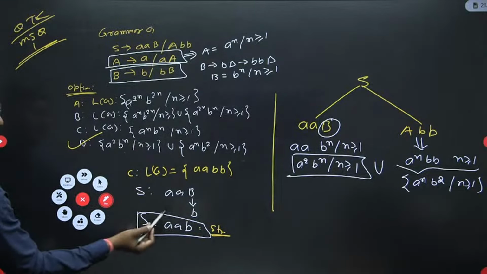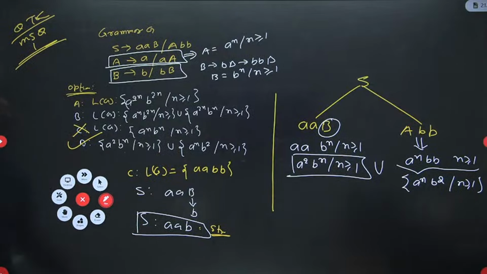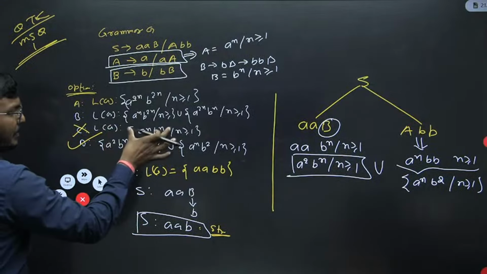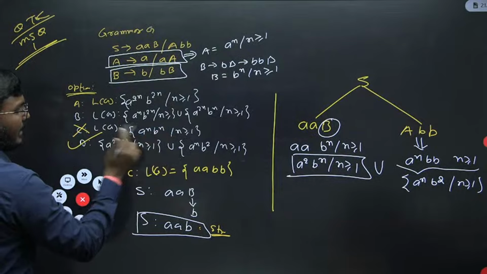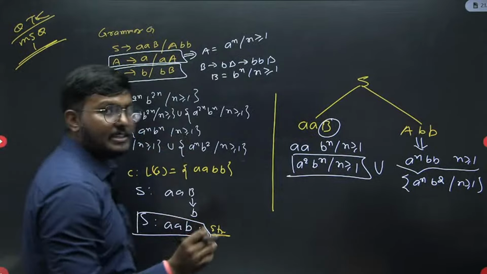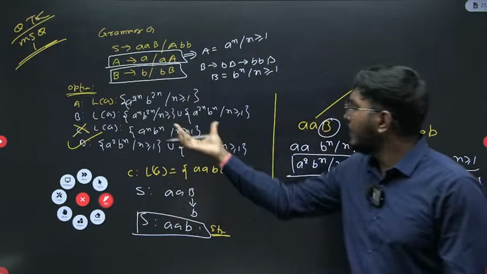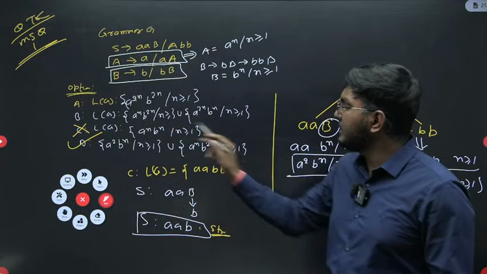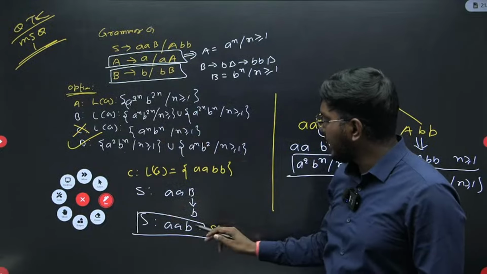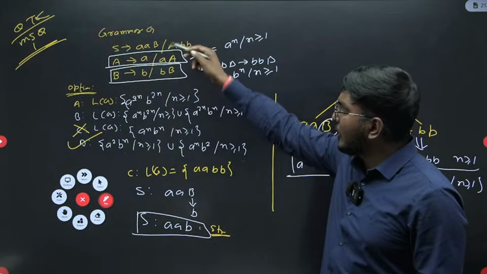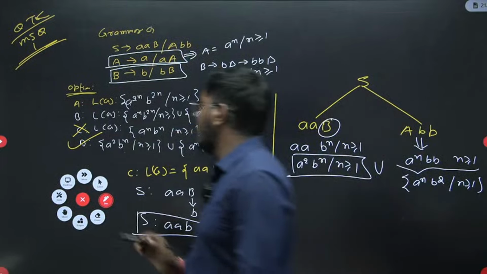It means option C is incorrect here. The language of option C is a subset of the given grammar. This means there are some strings generated by the grammar that are not accepted by the given language, option C. So option C is incorrect.